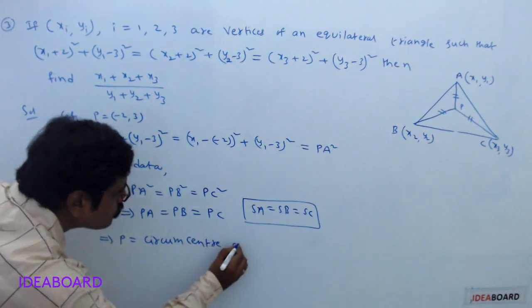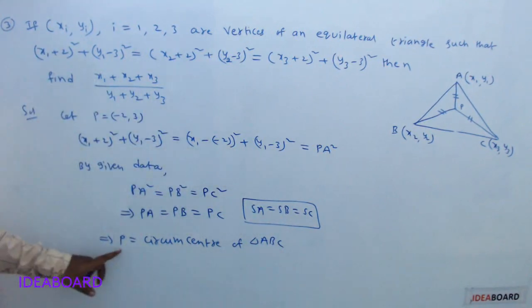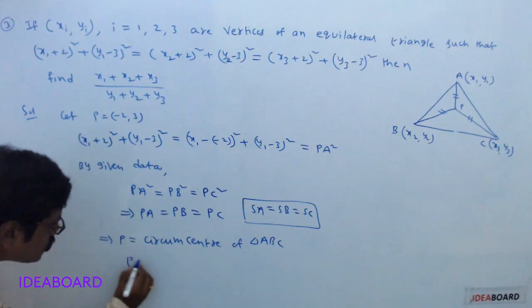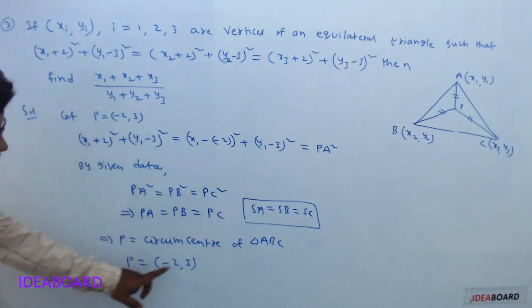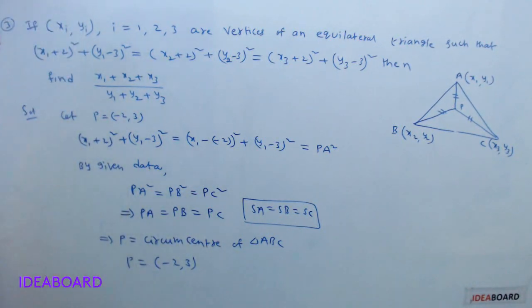Now what is P? P is minus 2, 3. So P equal to minus 2, 3 is the circumcenter of triangle ABC.